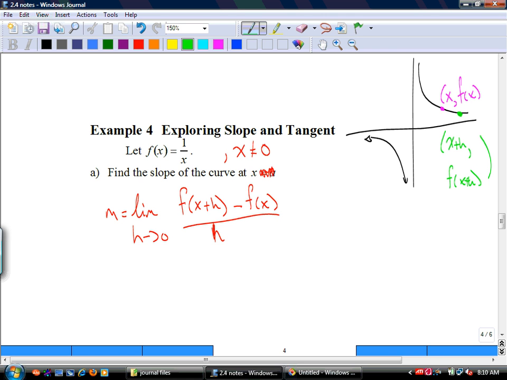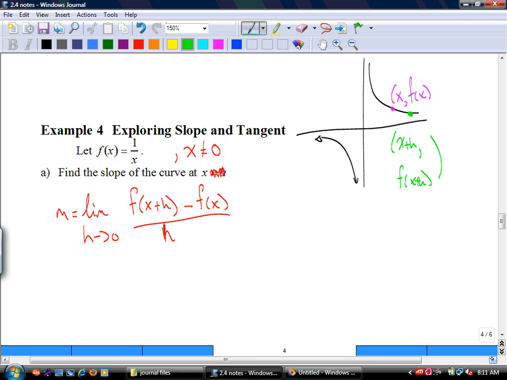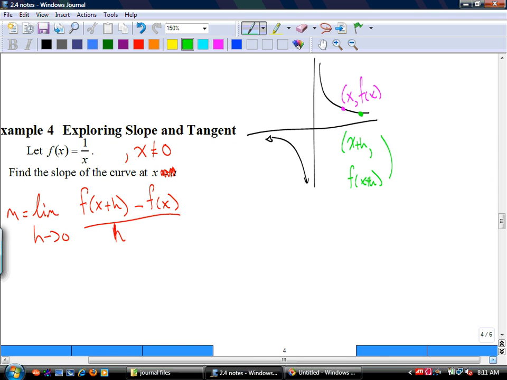So I'm going to start with a really big h, and then I'm going to slowly change h so that the distance between those, oh my god, pink and green, become the same point. Okay, that's what I'm doing. I'm not doing x equals 0, I'm doing h equals 0.